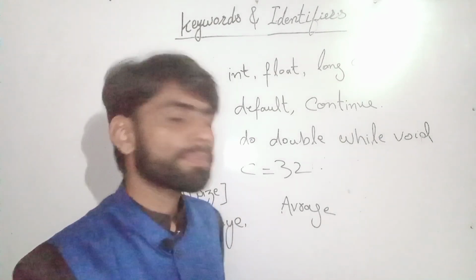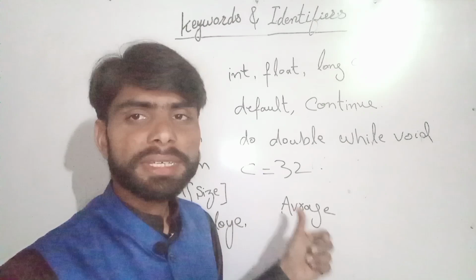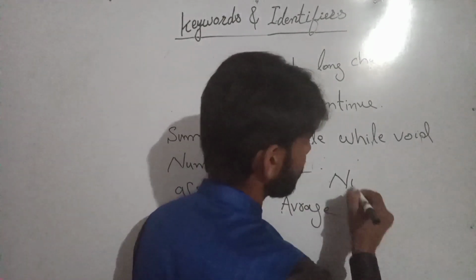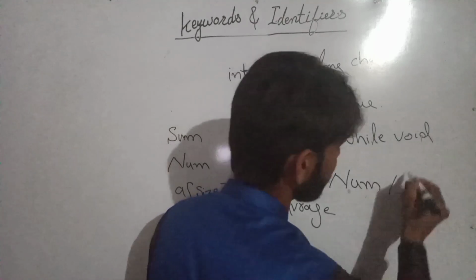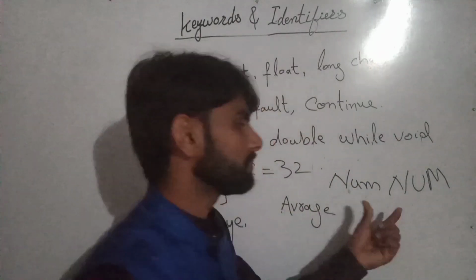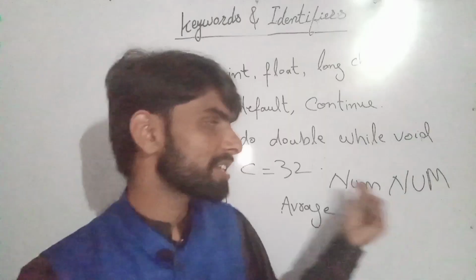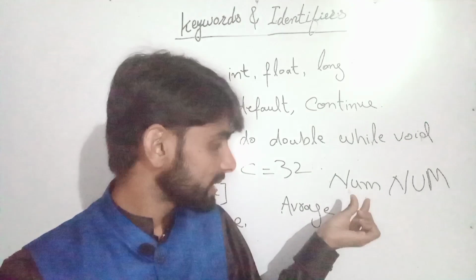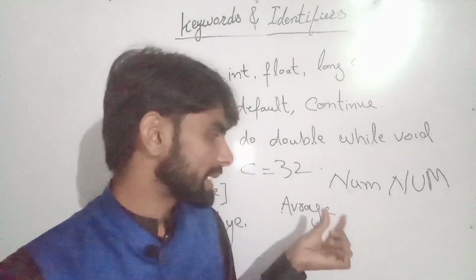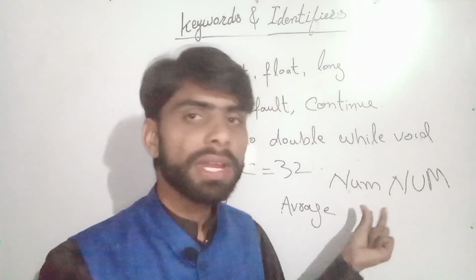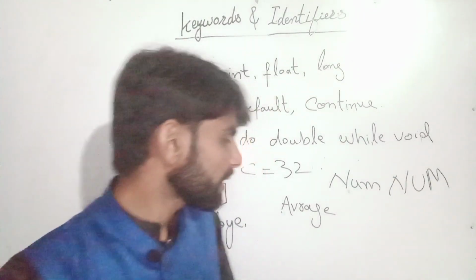What does that mean? If I write here num and Num, these are two different identifiers, because identifiers are case sensitive. This will be two identifiers, right?